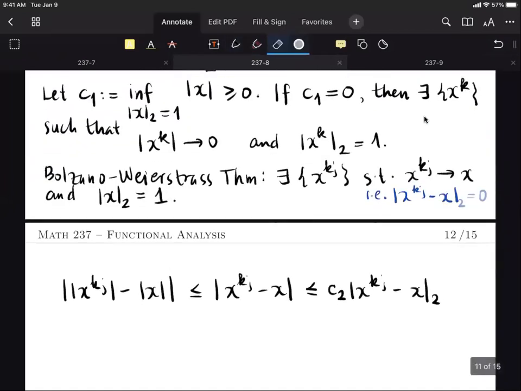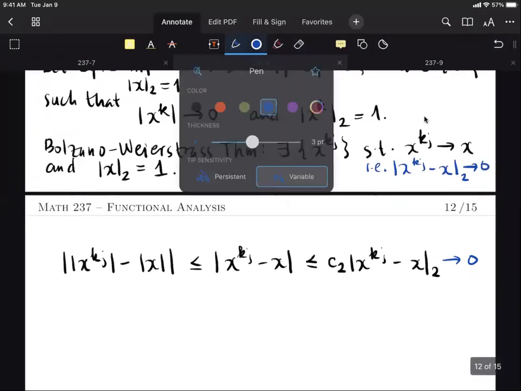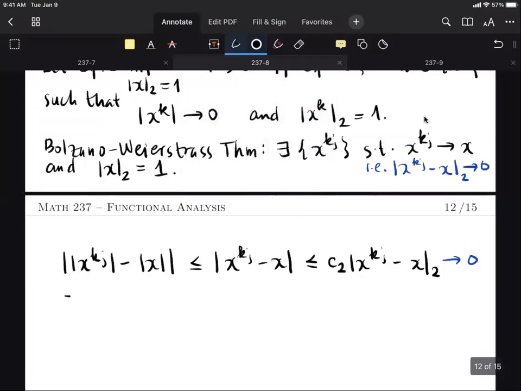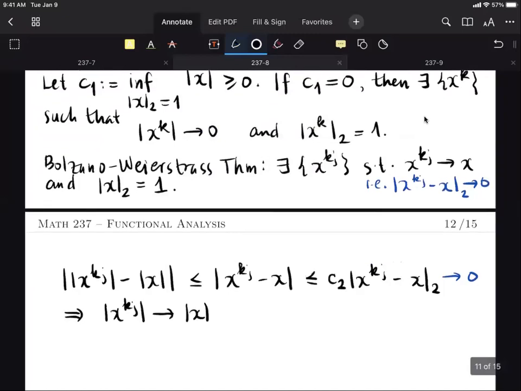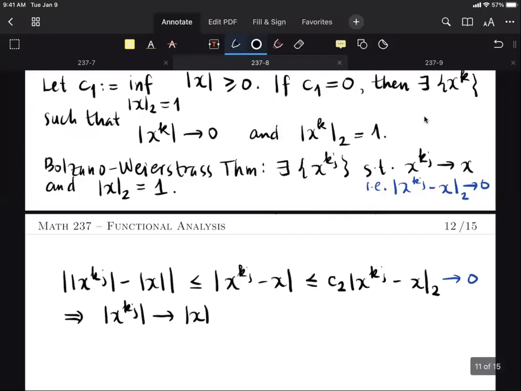Okay, and this should be corrected, it should be only convergence to 0. So this also converges to 0. Therefore, this one tends to the modulus of, or the norm of X, okay, by the squeeze theorem.